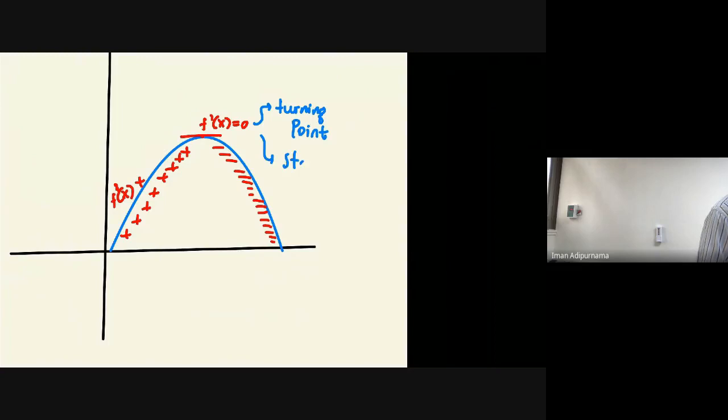Some also call it the stationary point. Some call it the critical point. I think our textbook calls it the critical point. So let's check our gradient. When it's 0, what has happened?